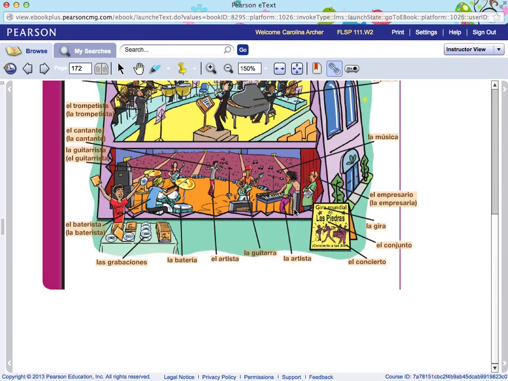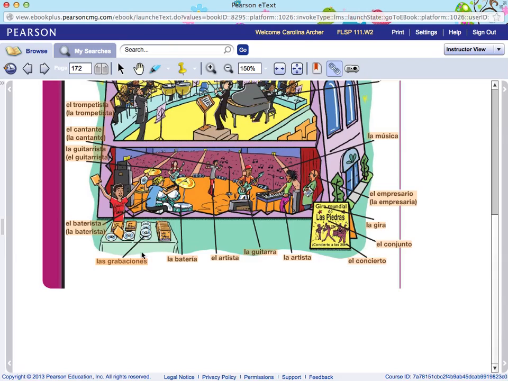Okay. La artista, the artist, and it can also be el artista. La guitarra, the guitar. El artista, there it is. La batería, the percussion. Las grabaciones, the recordings. El baterista.